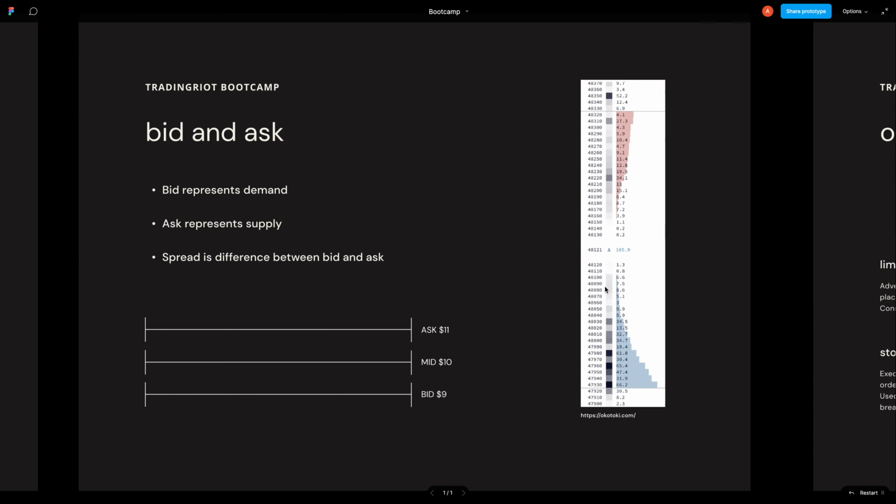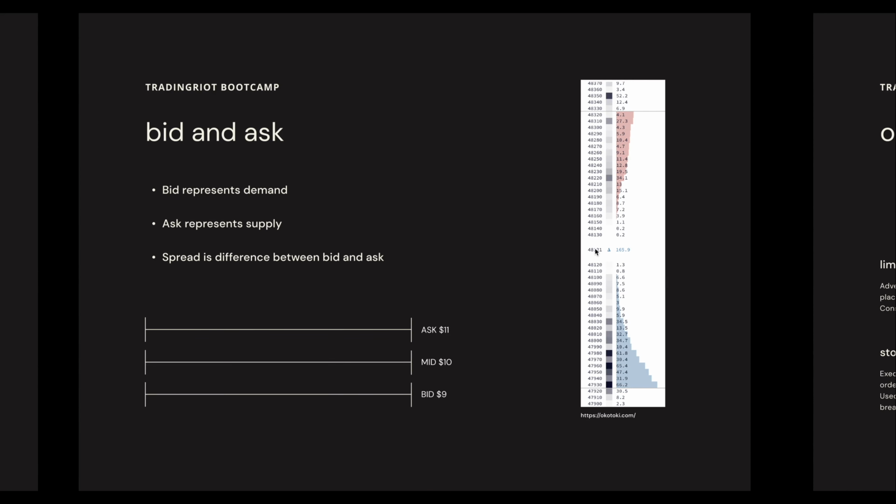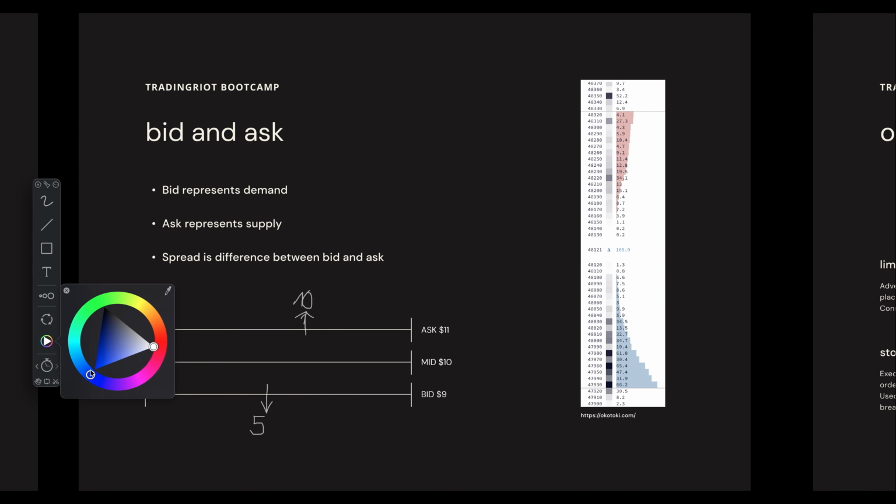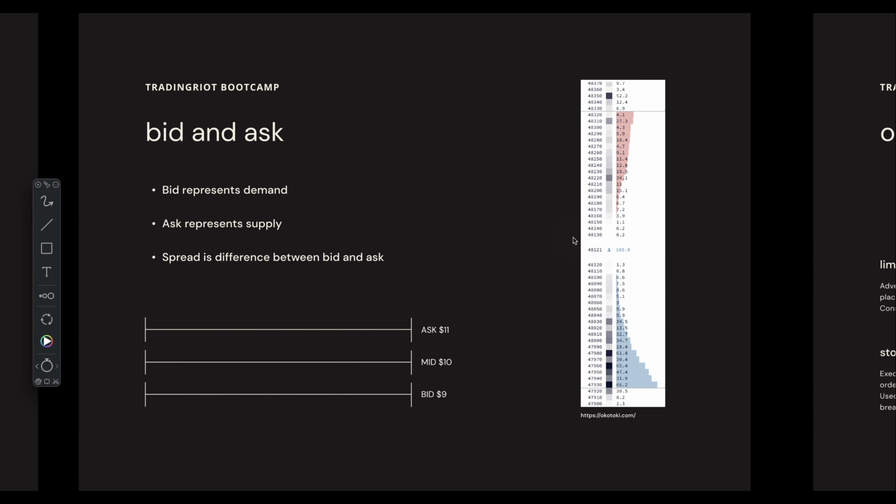Looking back at this simplified version of the order book, let me just use this drawing tool so it's a little bit cleaner. You can see that this 48,130 price right here, there is 0.2 BTC resting at this price.